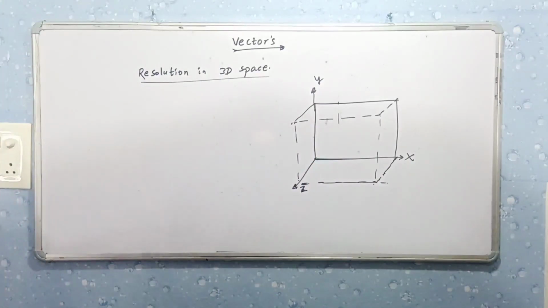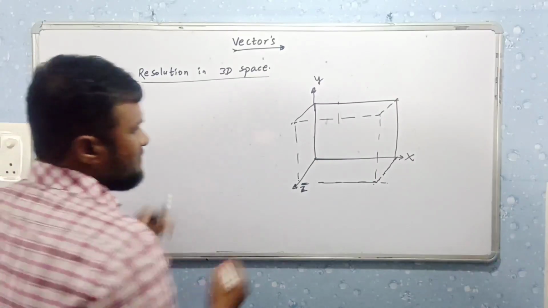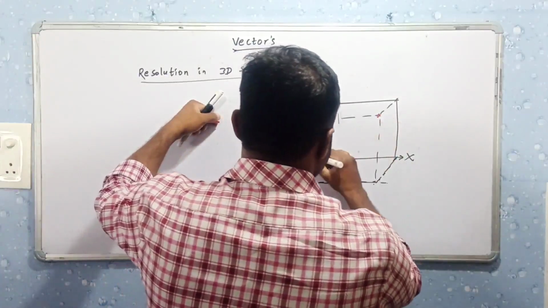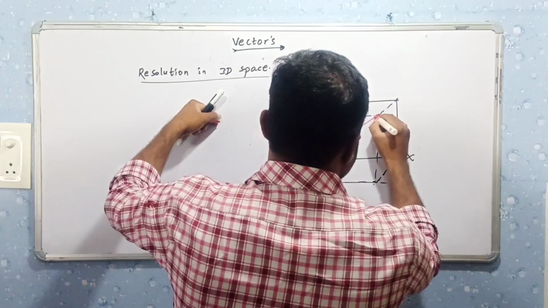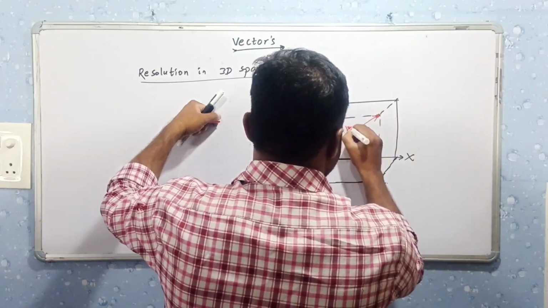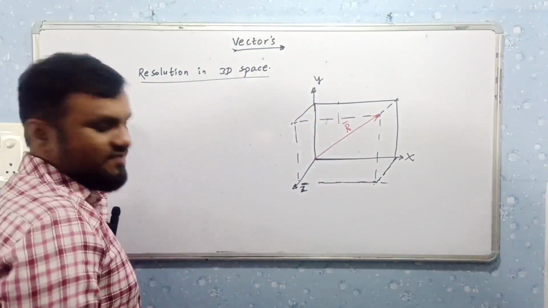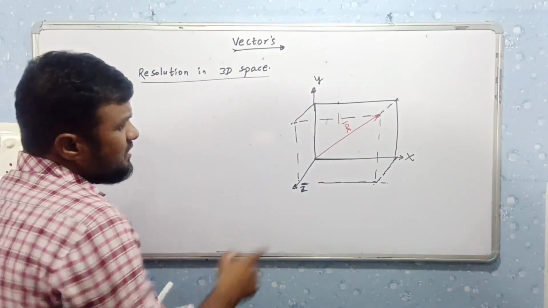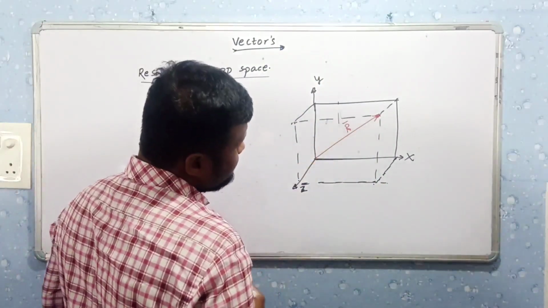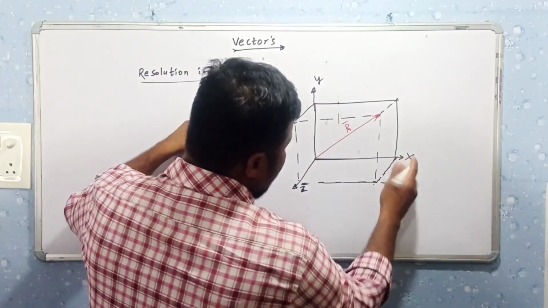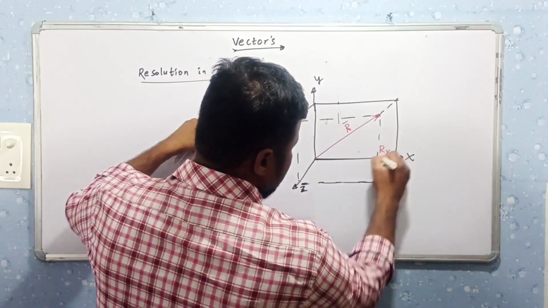Let us imagine the situation: a vector R bar is lying here. This is the position vector, R bar, lying over here. The projection of R bar along the x-axis is Rx.